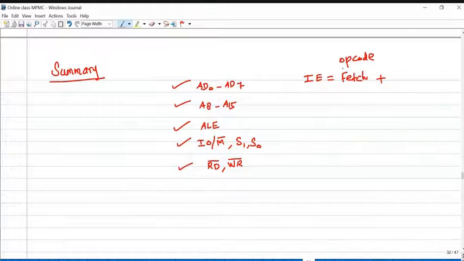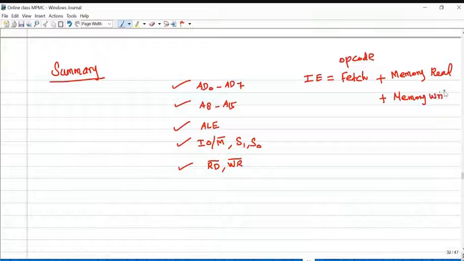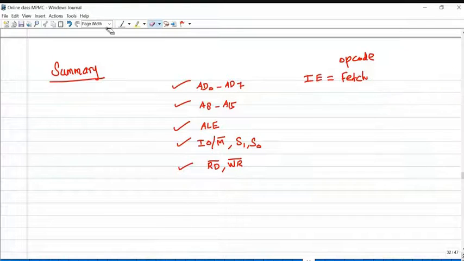Then, with the nature of the instruction, the execution cycle may involve opcode fetch only, or sometimes memory read, memory write, IO read, or IO write, whatever it may be.